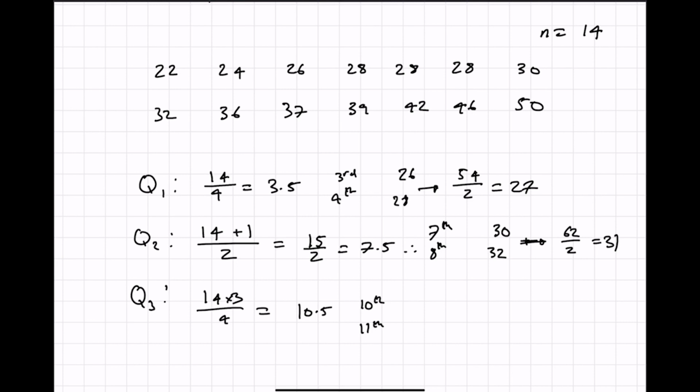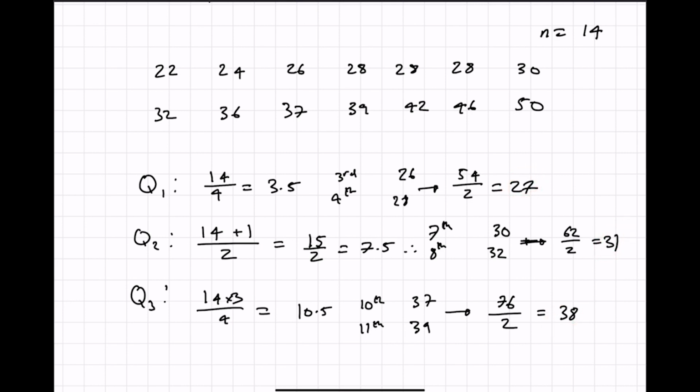The 10th number would be, so 7, 8, 9, 10, 37. 37 and 39 are the 2 values. Add them up, you get 76. Divide that by 2 and you get 38. So your three quartiles are Q1, Q2, and Q3.